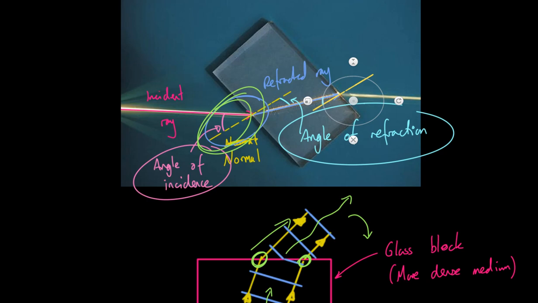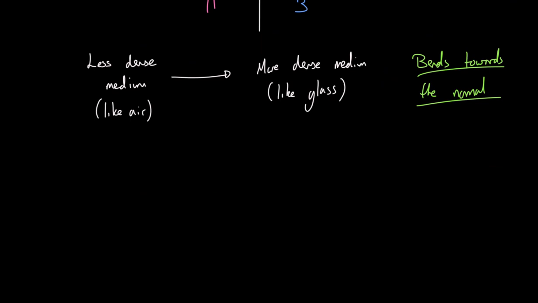And then coming out, you have another new angle just here, like so. And you can see as it's moved from the dense glass block out into the air, it's bent away from the normal. This angle here is bigger than that angle there. So it's the inverse of this rule.